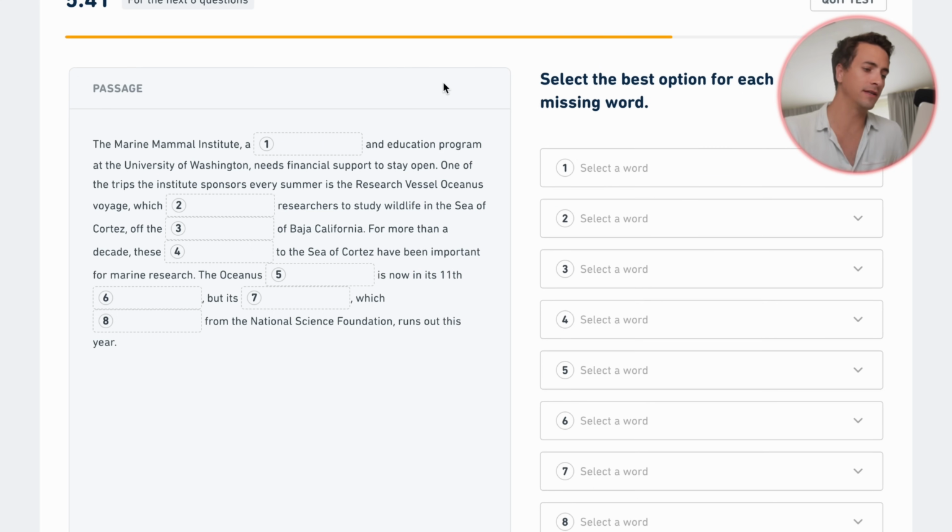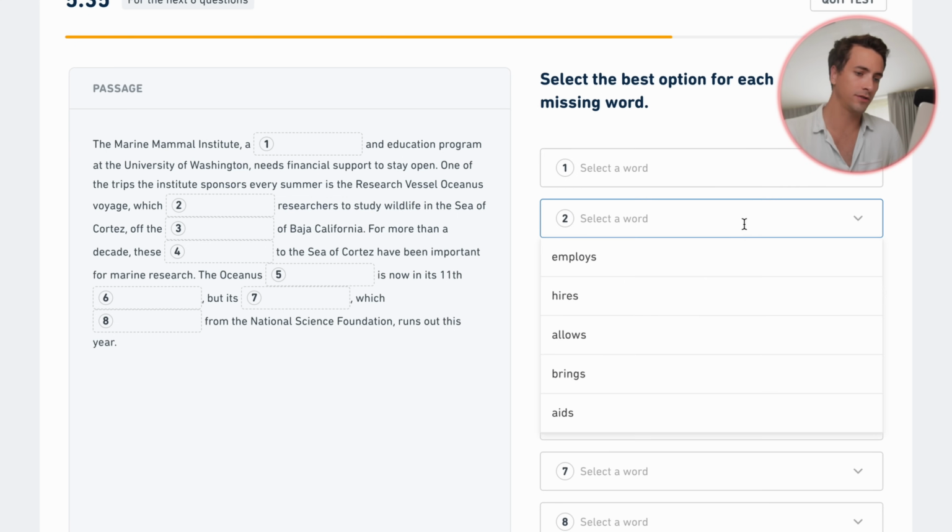One of the trips the Institute sponsors every summer is the research vessel Oceanus Voyage, which employs researchers to study, hires researchers to study, allows researchers to study, brings researchers to study, aids researchers to study.